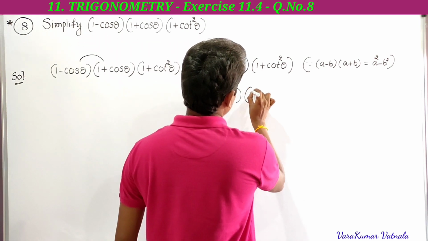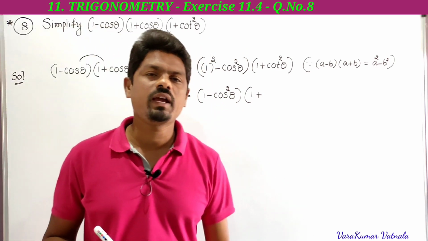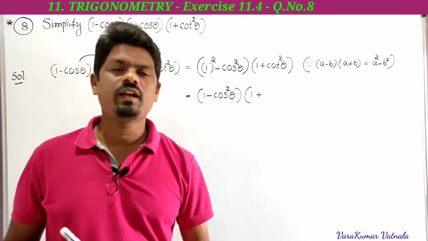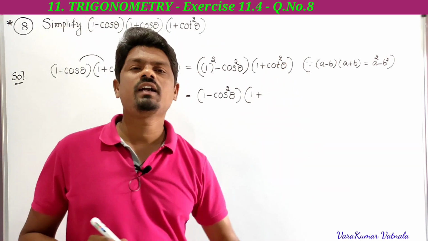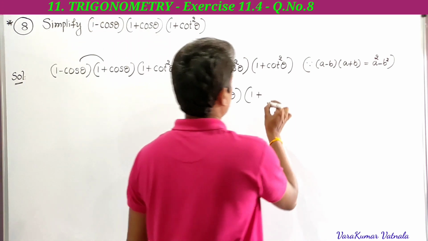Here 1 plus cot square theta: cot theta equals cos theta by sin theta, so cot square theta is cos square theta by sin square theta.